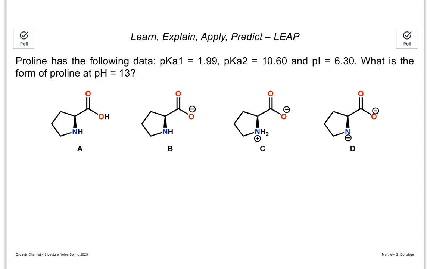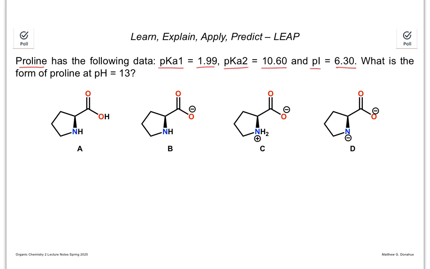So on these LEAP questions, you're presented with different amino acids. You have the pKa values. So for proline, again, that's the secondary amine, pKa1 is 1.99, pKa2 is 10.6, and the pI is 6.30.